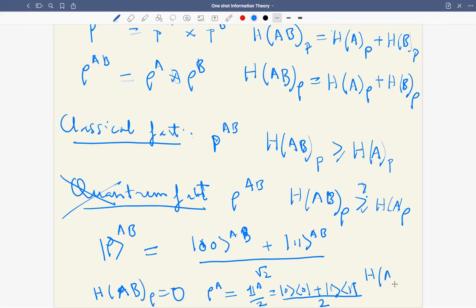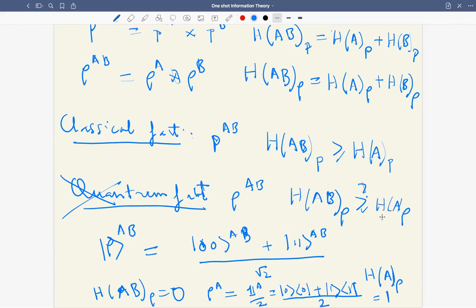So again, you know what is the entropy of this? This is in fact the maximum entropy that a two-dimensional system can have. So an amazing thing happened: H of AB is 0, but H of A is much bigger. It jumps from 0 to 1.